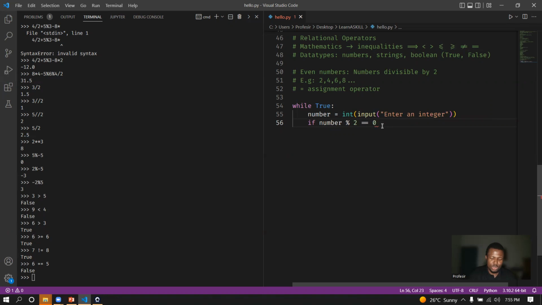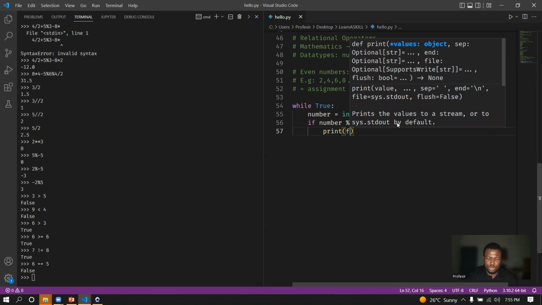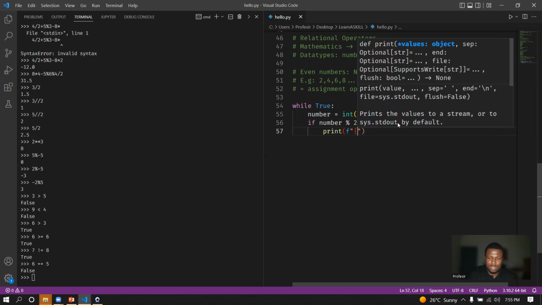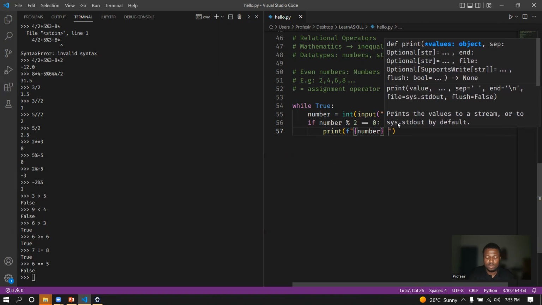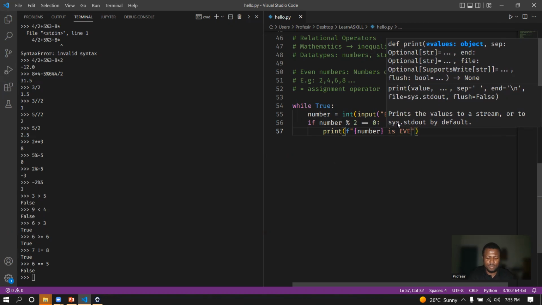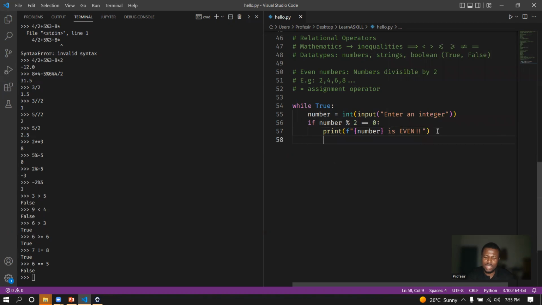All right, so I'll do this. I'm saying that if number mod 2 equals 0, then it's an even number, so print. I'm going to do some things that you haven't learned, and I'll say the number is even. Now, if it is not even, then it will be what?